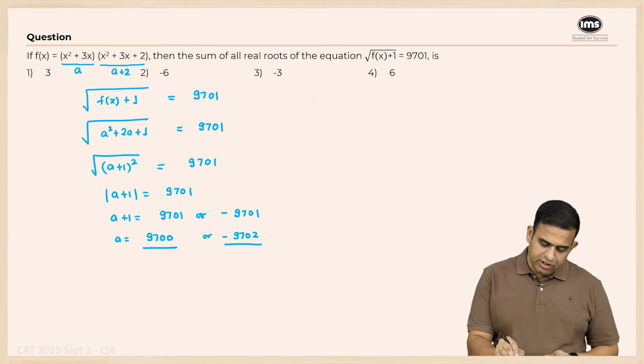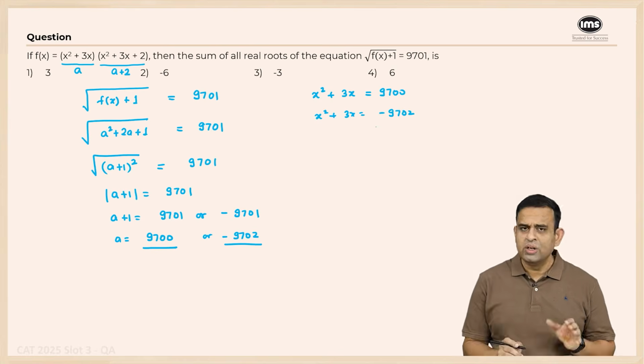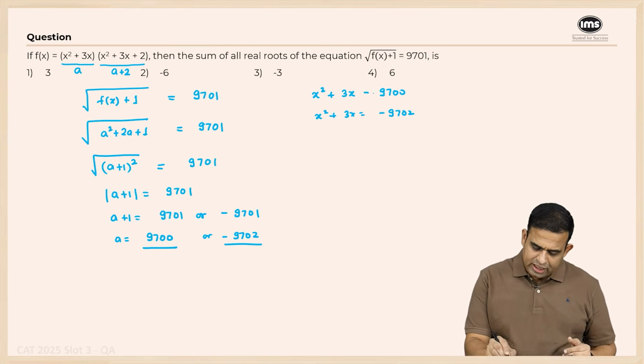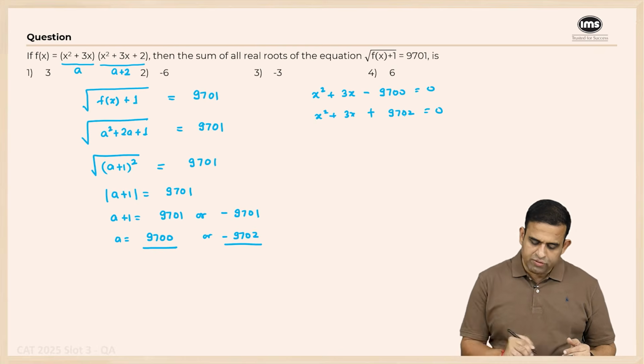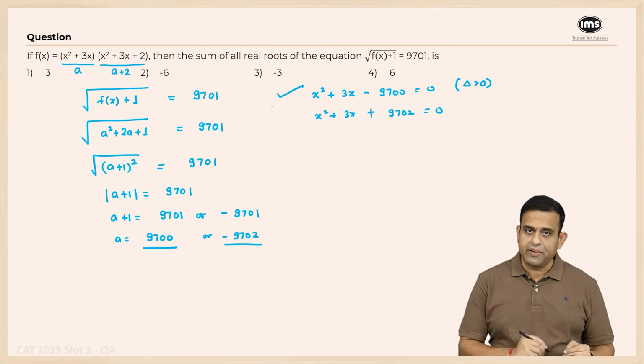And accordingly, we are again going to put, since a was x square plus 3x, equal to 9700, x square plus 3x is also equal to minus 9702. If I write them like this, you will find out that for the first quadratic, delta was positive, real root, perfectly fine.